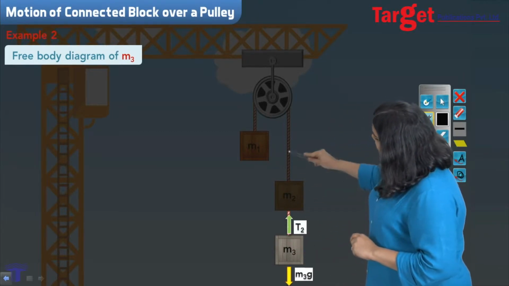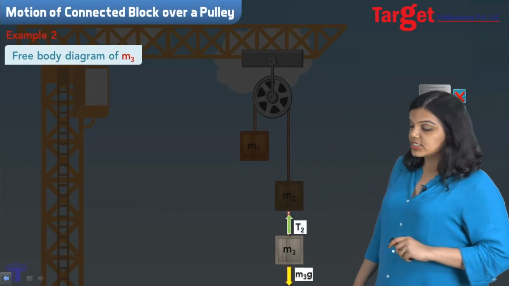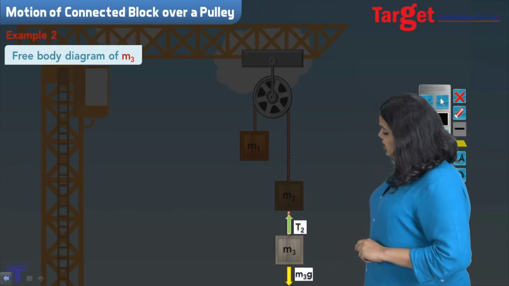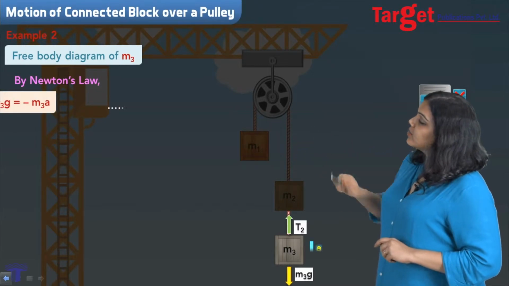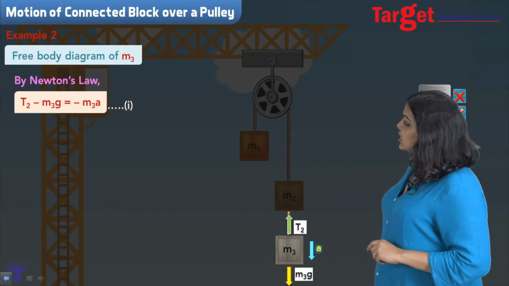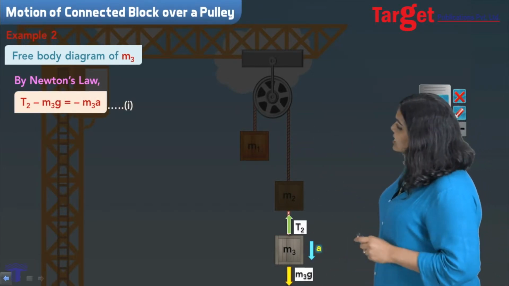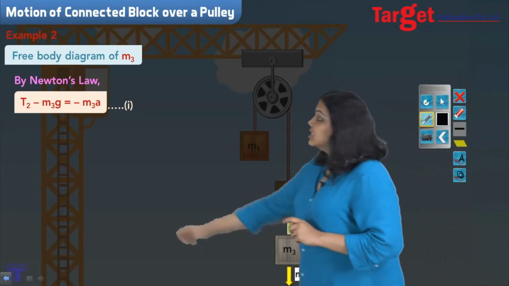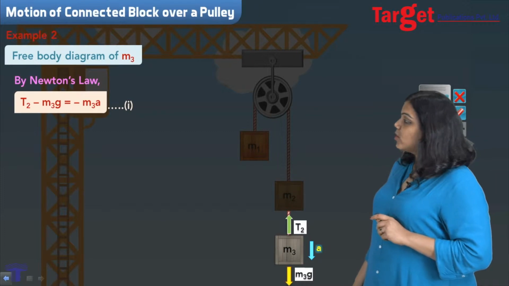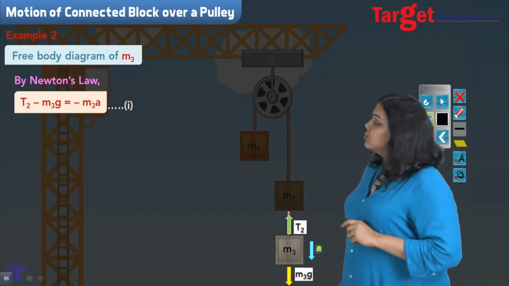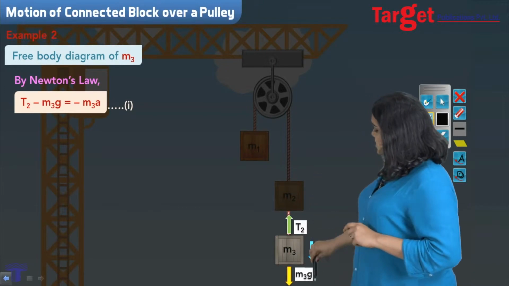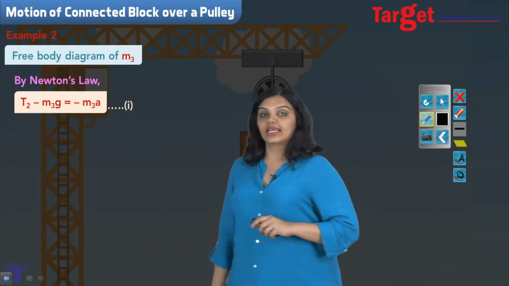Notice that this string and this above string are different, and therefore I call this tension T2 acting upwards, and therefore from Newton's law I can write the equation of motion for M3 as T2 minus M3G is equal to minus M3A. Notice T2 is upwards, it comes with a positive sign. M3G is downward, it comes with a negative sign. M3A, that is acceleration, is downwards, again it comes with a negative sign.